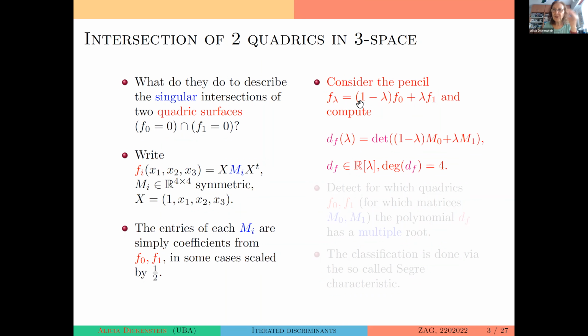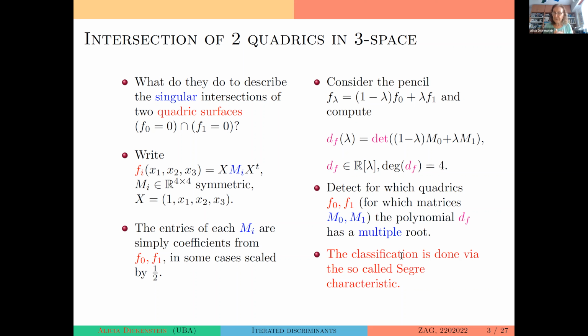Then they considered a pencil, I mean the line going through F0 and F1, and they computed the determinant of the corresponding matrices. And then you get a polynomial in this variable lambda, which has degree 4 because these are 4x4 matrices, and they tried to detect for which quadrics, this means for which matrices, this polynomial has a multiple root.